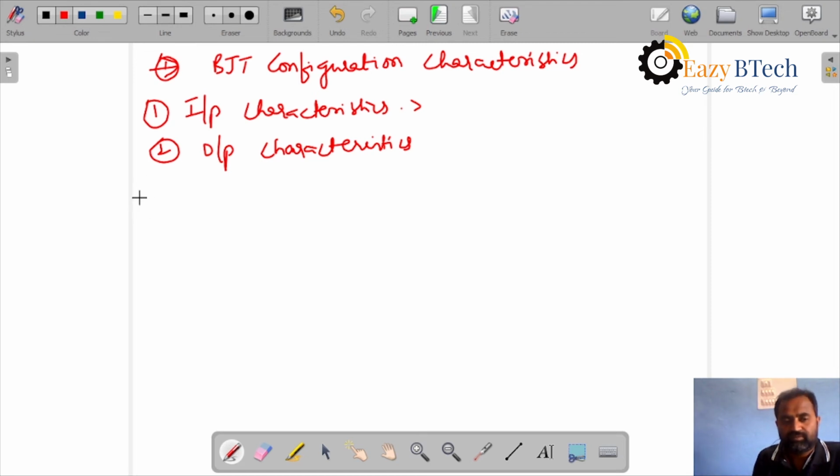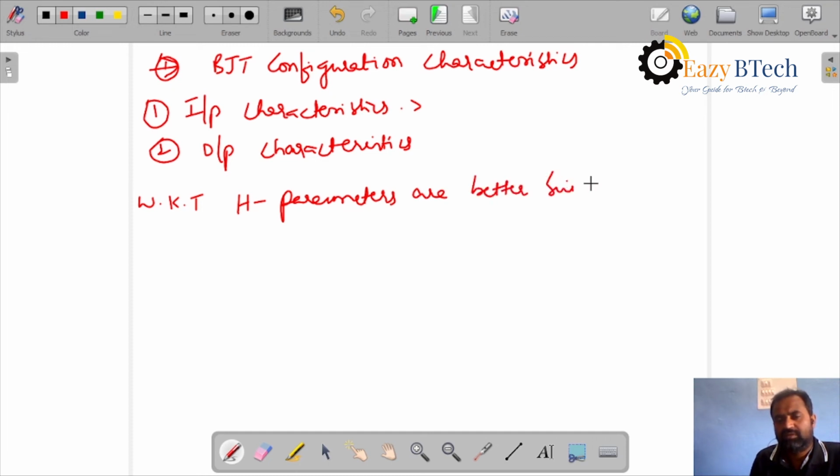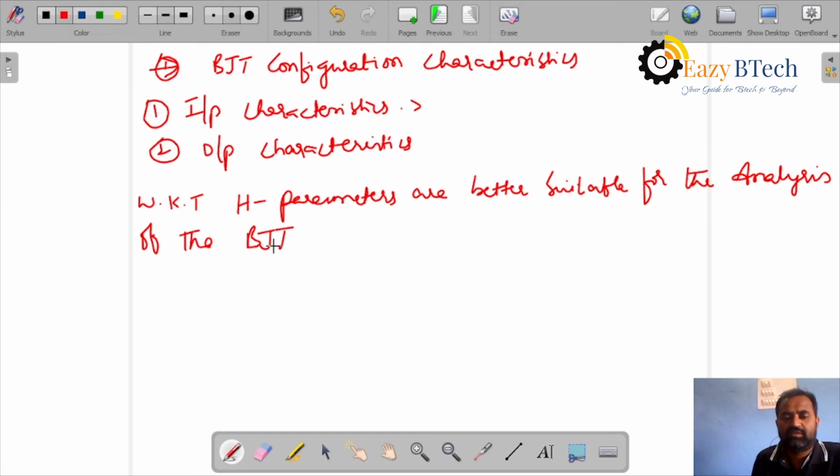Now we know that H parameters are better suitable for the analysis of the BJT. Okay. Now we will see what those H parameters are.